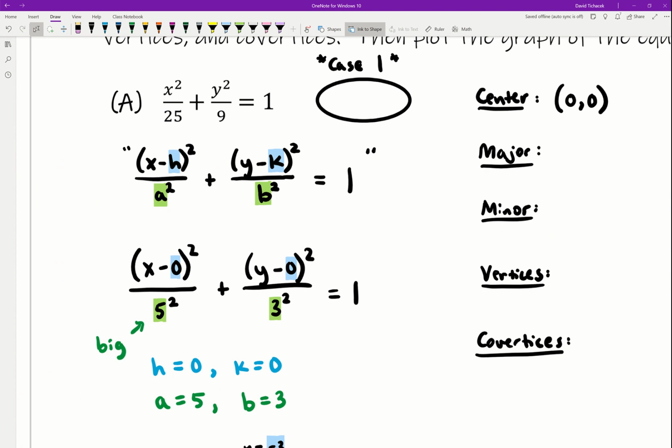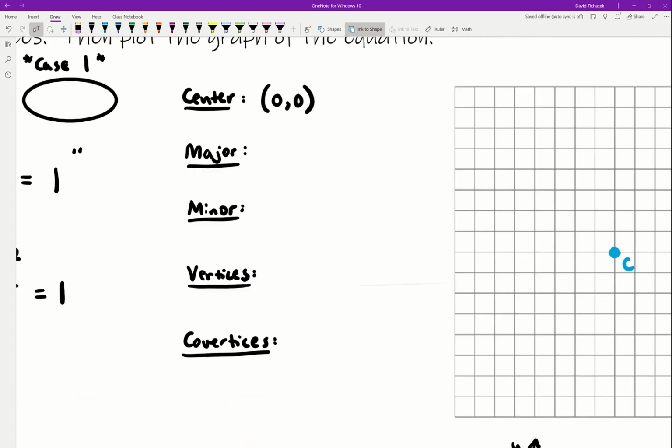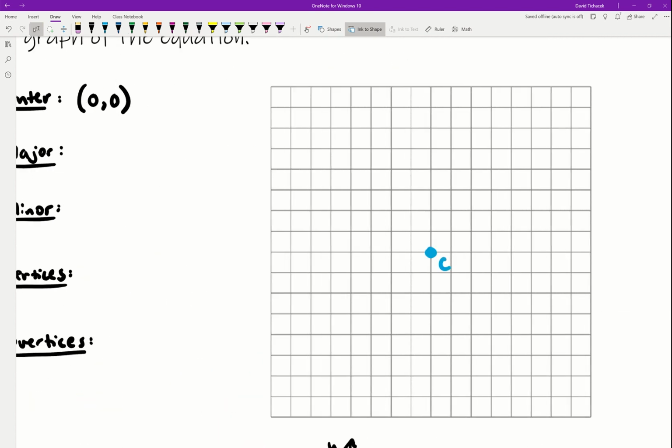These are actually going to be the distances that I'm going to use to draw my major axis and my minor axis respectively. Again, because 5 is the bigger number and it's sitting below x, I know that from my center point, I'm going to sprout out to the east and to the west a matter of 5 grid squares from the center. Okay, so I'm just going to start at my center here.